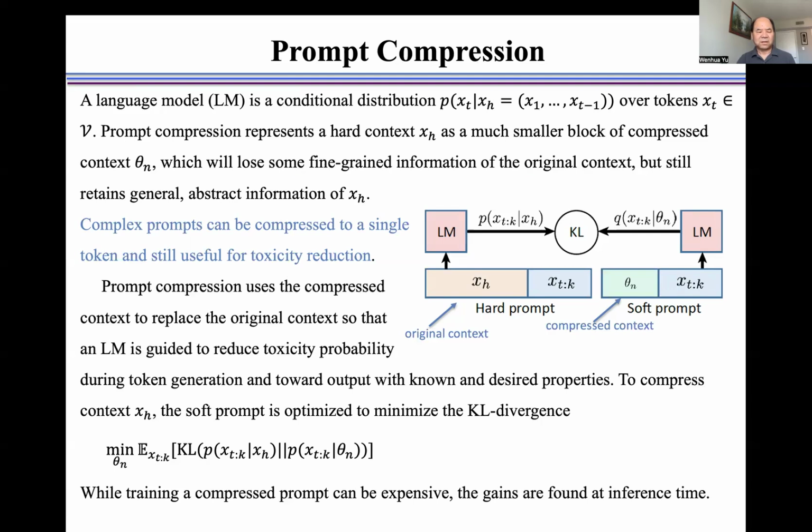To compress context x_h, the soft prompt is optimized to minimize the KL divergence, as shown here. While training a compressed prompt can be expensive, the gains are found in inference time.